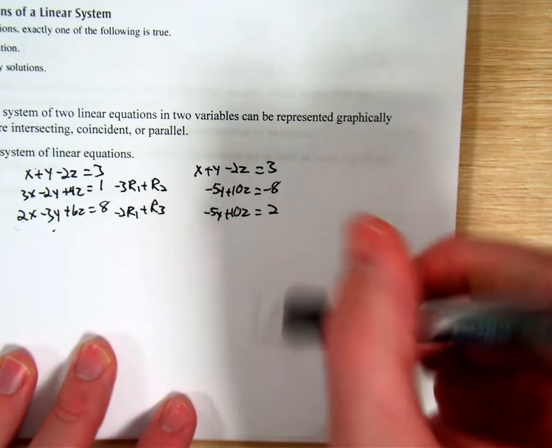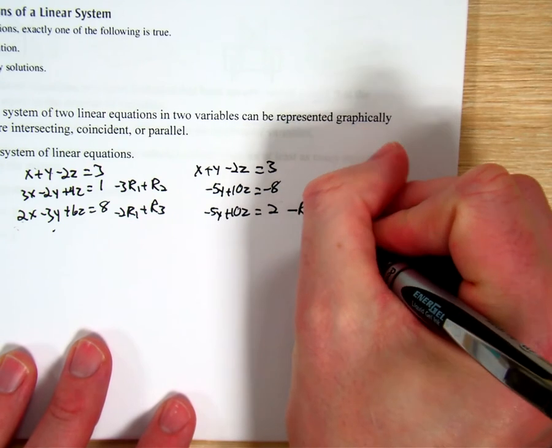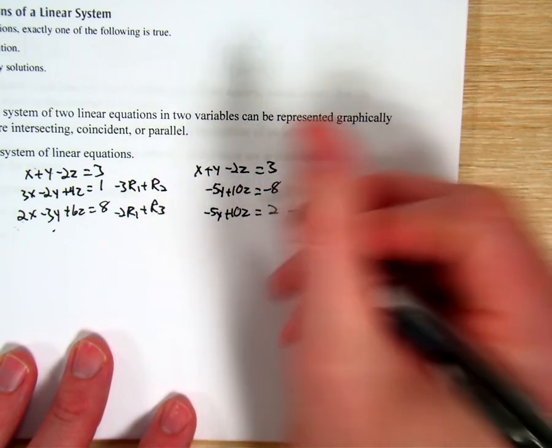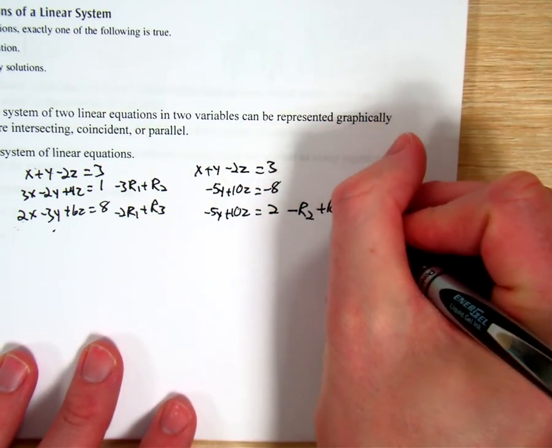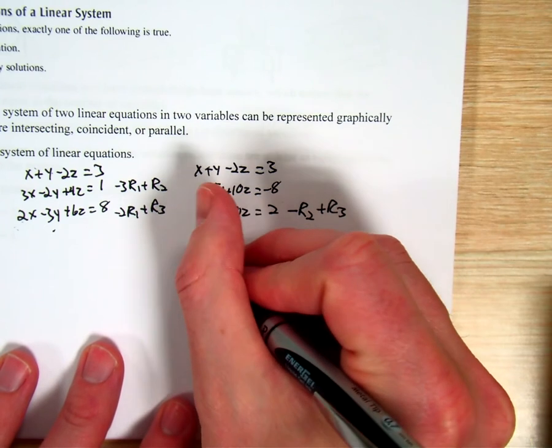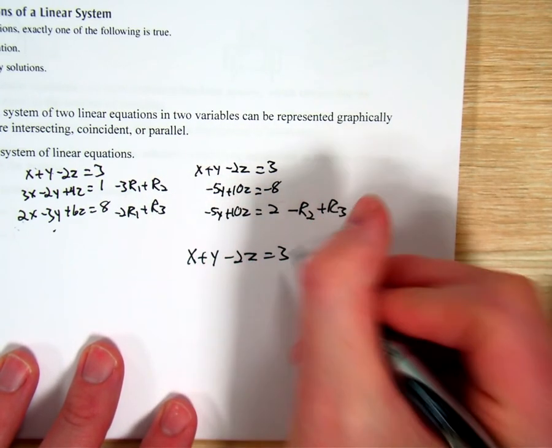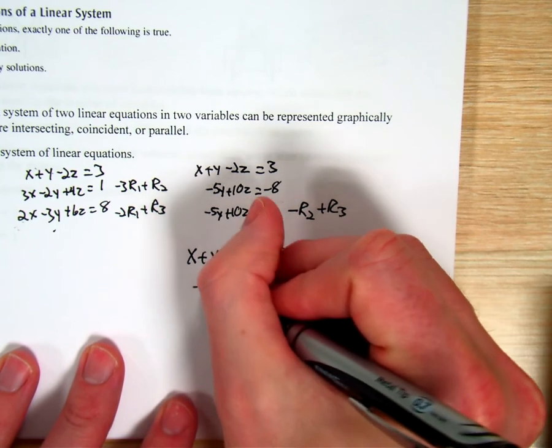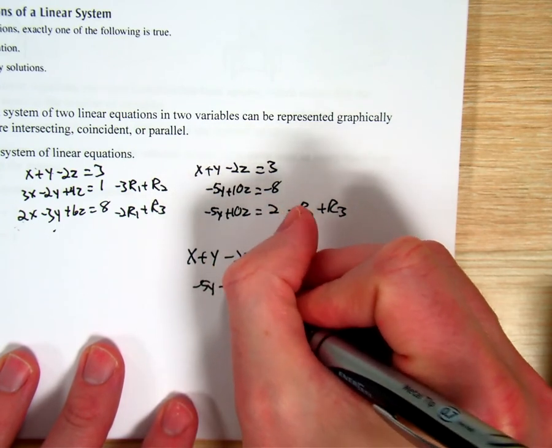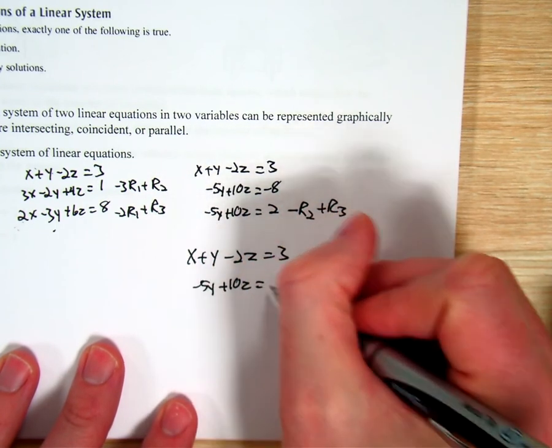Okay, so let's go negative row 2, because we're trying to cancel out that y on the bottom, plus row 3, and we'll have x plus y minus 2z equals 3 on the top. This one won't change. Negative 5y plus 10z equals negative 8.